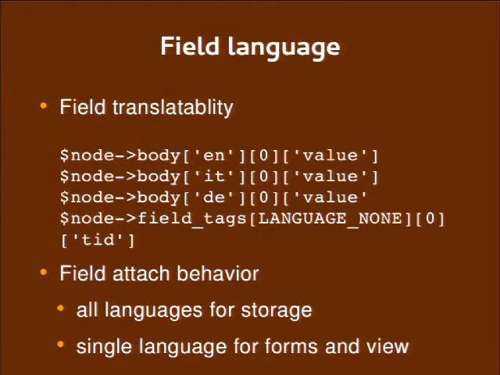So if you don't alter that, you will always find your values by using the language none value. Otherwise, if you enable translatability, you will find your values by providing the language code your value belongs to.